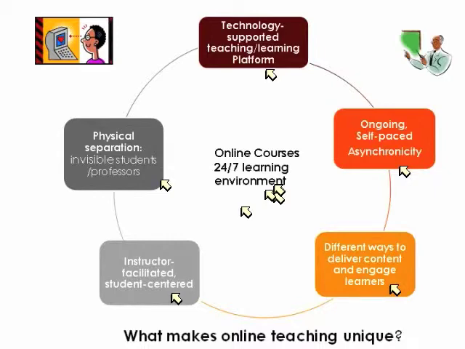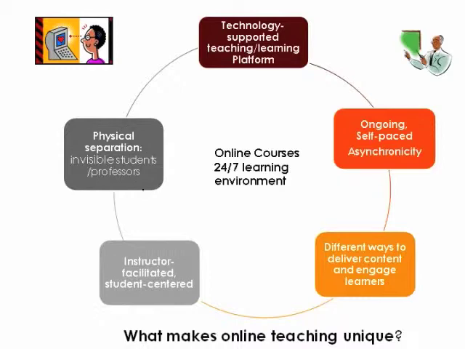So as you can see here in online platform, we need to shift our traditional ways in delivering content and engage learners. We're going to talk in detail about this engagement part later on. So those are all characteristics of online teaching environment.